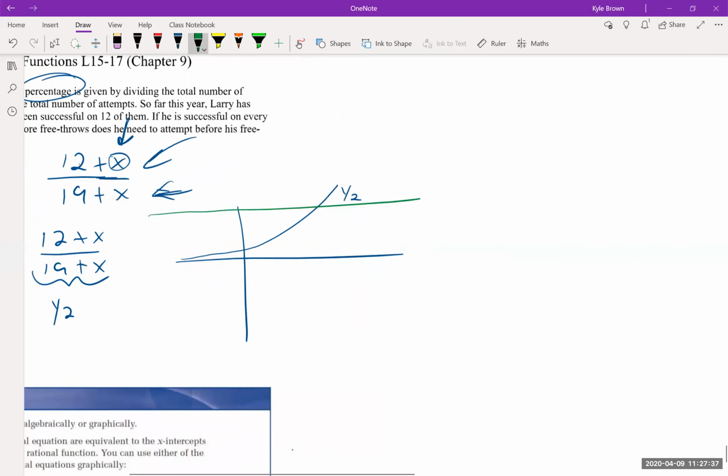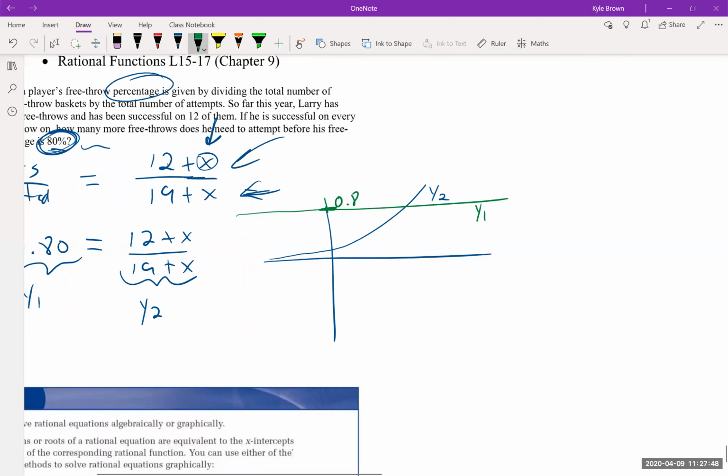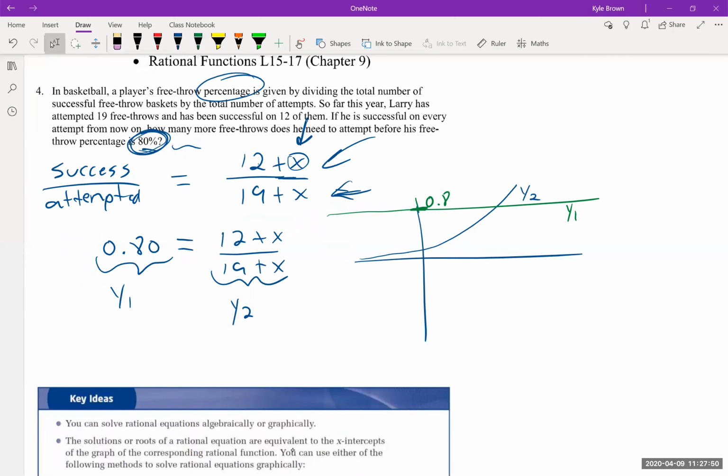And that line right here would be y1, right? y1 is equal to 0.8. That's just a straight line, right? And then it's just where they cross that is going to be your answer.